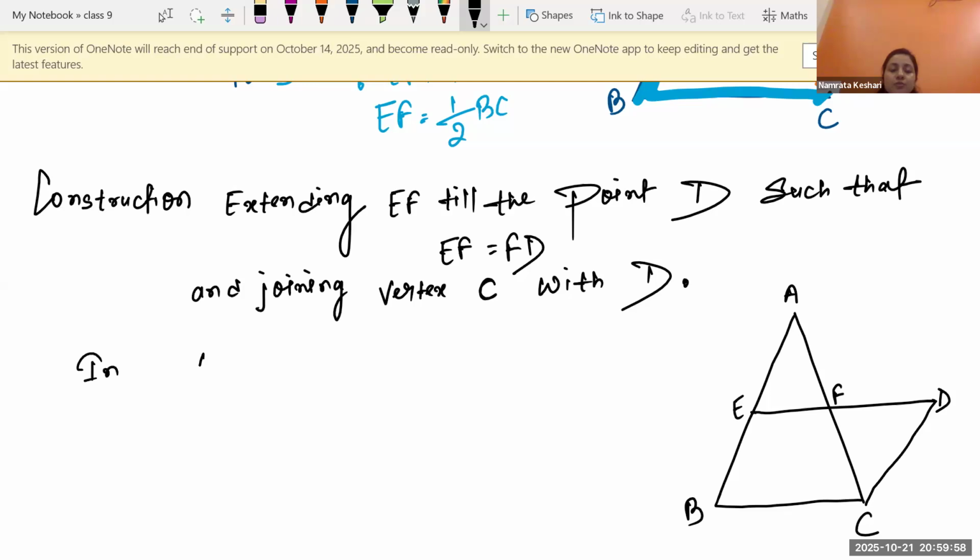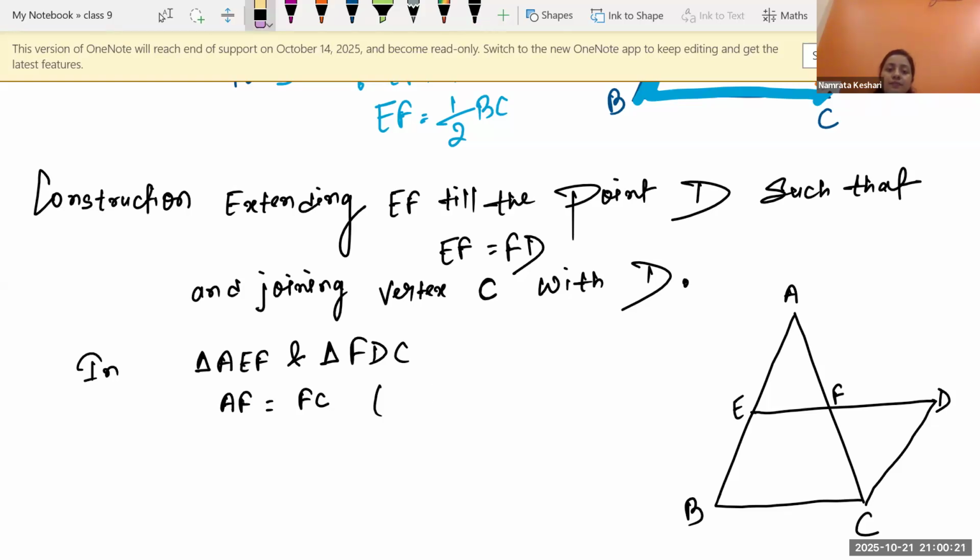We are going to take these two triangles AEF and CDF. Easily you will be able to say that we know AF and FC are the same, as it was given. F is the midpoint. Directly you can write it is given.